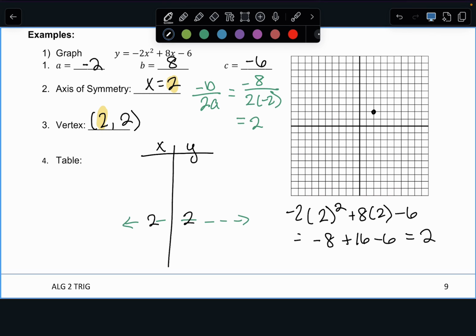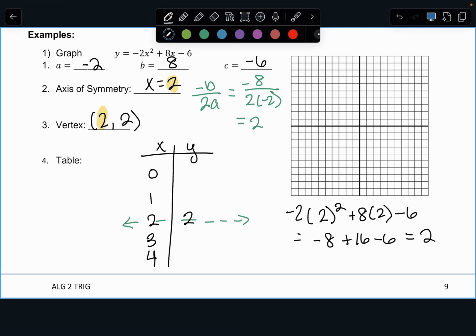Everything else is my 1, 3, 5, 7 rule. So on the left, I always have to count by ones. So I go to 1, 0, and 3, 4. I'm just counting by ones: 0, 1, 2, 3, 4. Okay.